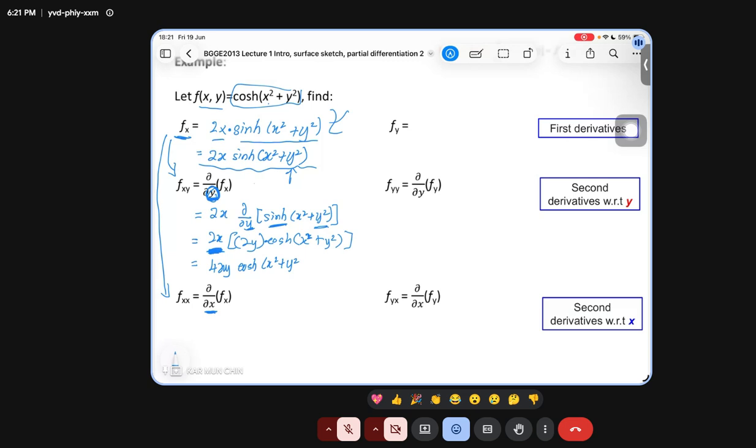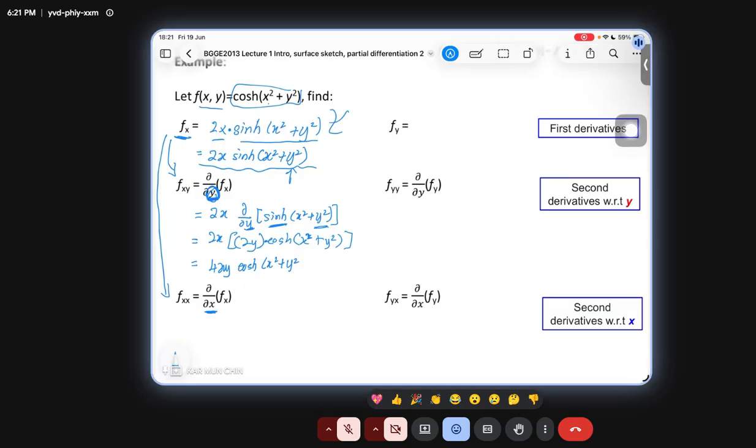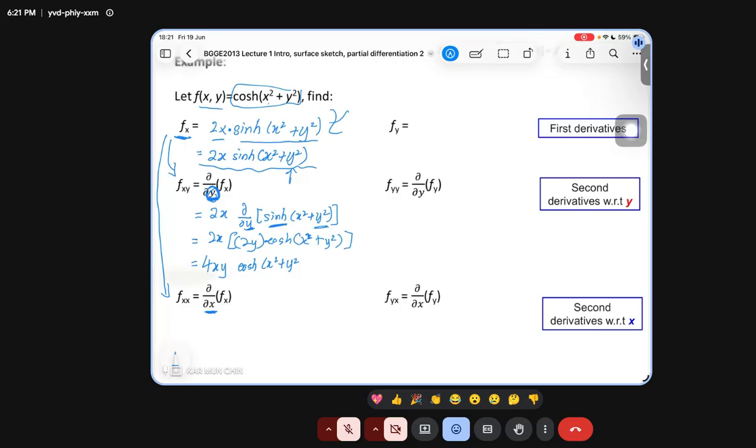But this one is the whole term. This is a multiplication, so the 2x, you just factorize it out. Oh, okay. So your answer will be 4xy cosh of x squared plus y squared.